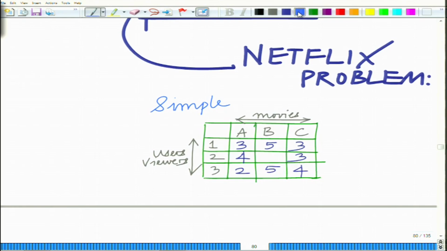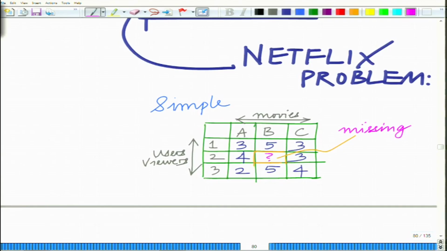Now, what you can clearly see is that one rating is missing. If you look at this as a matrix, this is missing. Therefore, we have to predict this rating to complete this matrix of users and ratings. That is why it is also known as a matrix completion problem.